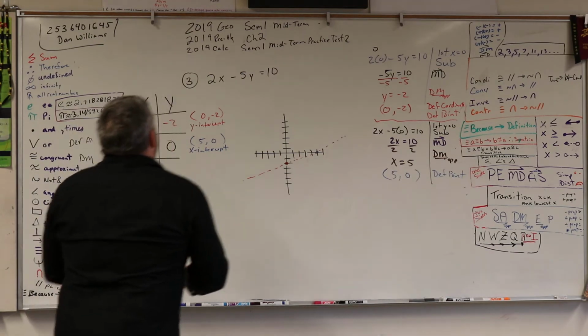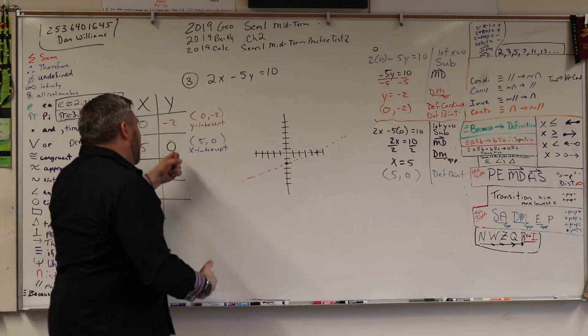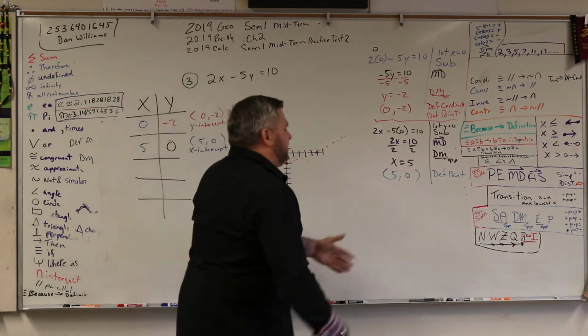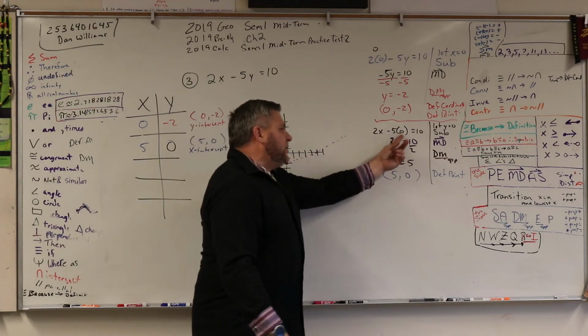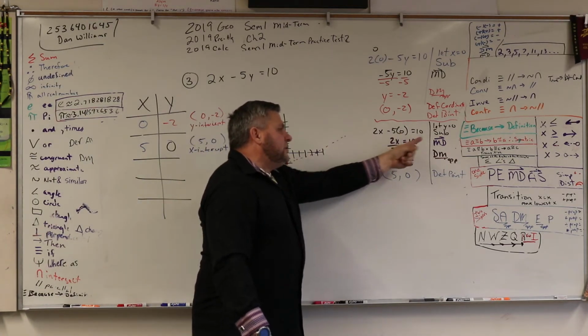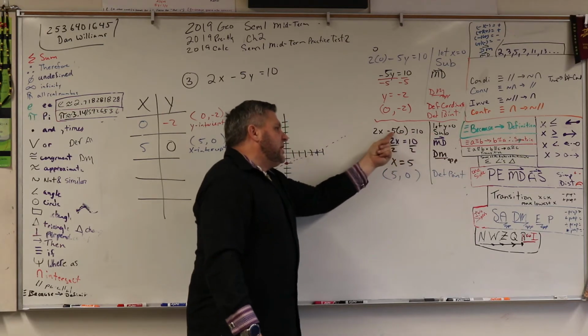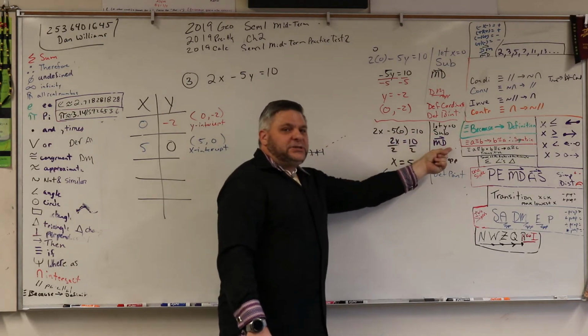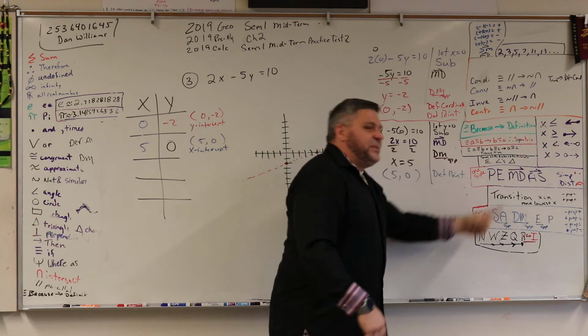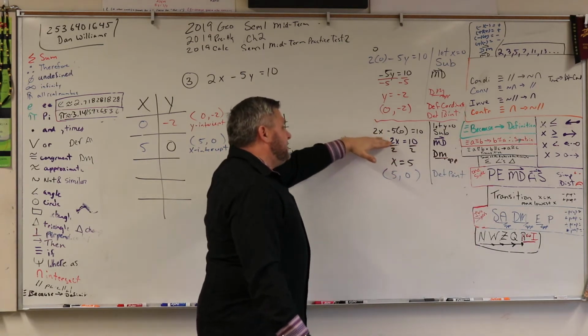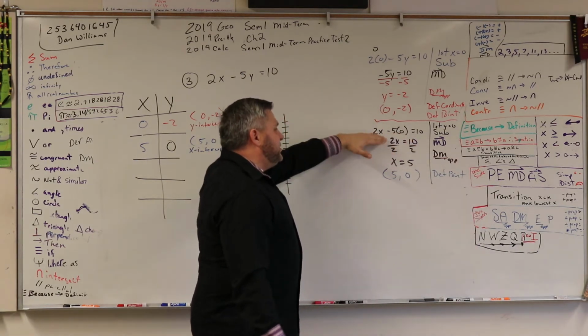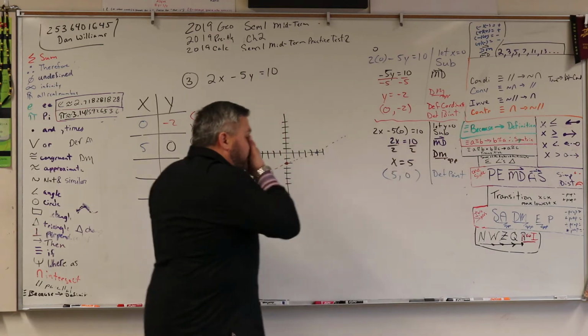And now we decided let's put in a 0 for x. I mean a 0 for y. So we plug in a 0 for y, substitution, 0 times 5, multiplication division from left to right, so PEMDAS. Okay? So I get 0 there. So I get 2x equals 10. Alright?